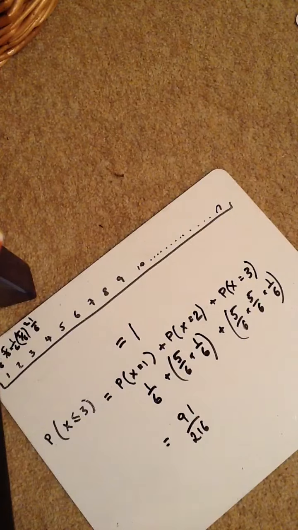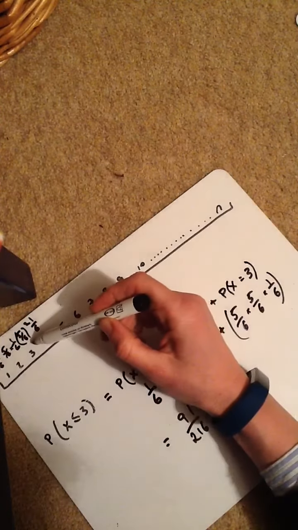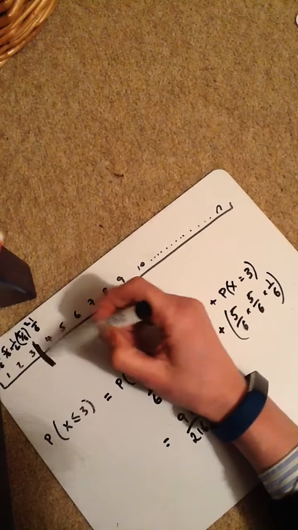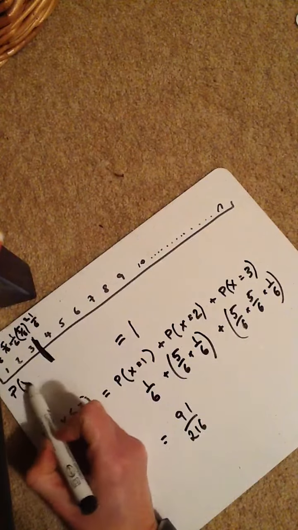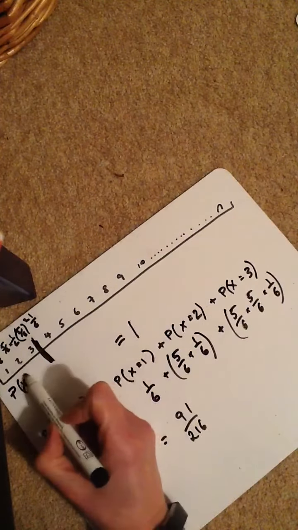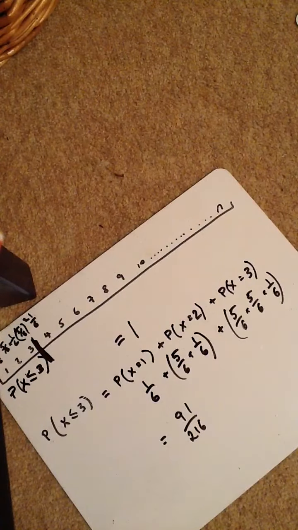Now, how I want us to think about this is as follows. So the idea is that if I want to work out the probability that it's less than or equal to 3, let's draw a line here. So I want to work out the probability that x is less than or equal to 3. So that is saying that it takes me 3 or fewer attempts to roll a 6.